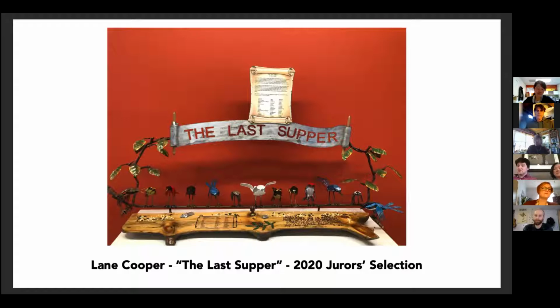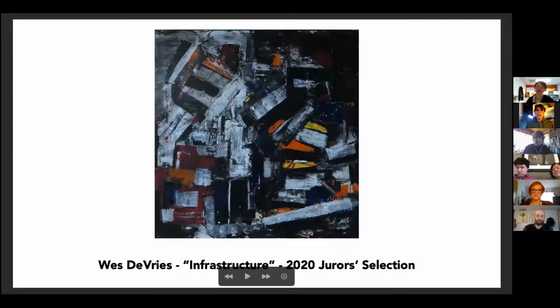Thank you, Wes. And Emily, could you show an image of Wes's 2020 juror selection artwork? Wes, can you talk about this briefly? Yeah, this is a piece that I had a lot of fun with. It just happened really well.